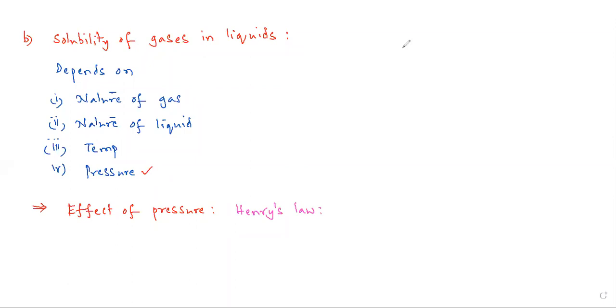Now, Henry's law can be given as: solubility of a gas in liquid is directly proportional to the pressure of the gas, or pressure applied on the gas, at a particular temperature.